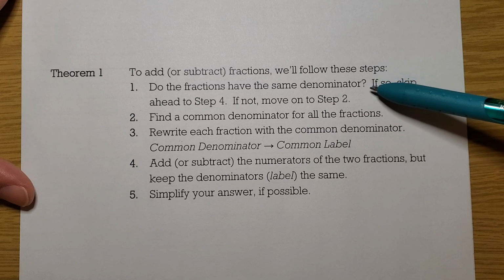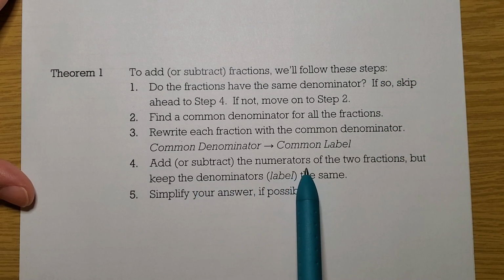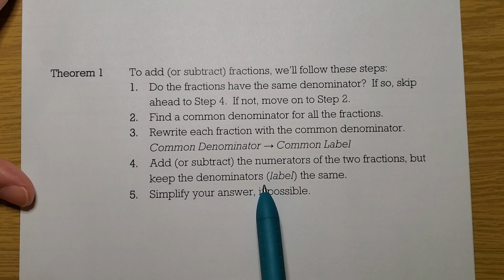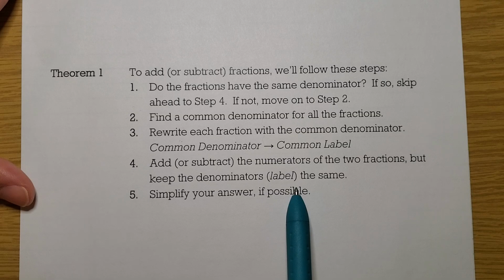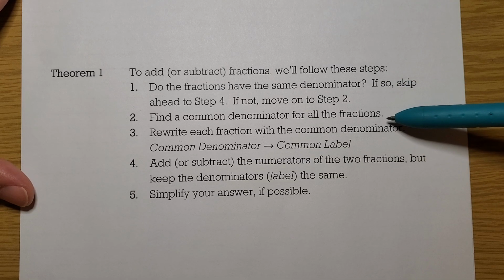So if you have the same denominator, you get to skip ahead and you add or subtract the numerators. So you add or subtract how many, but you keep the denominators, which we're going to treat kind of like a label, the same. If the denominator is not the same, then you have to convert each of those items into fractions that have the same denominator.